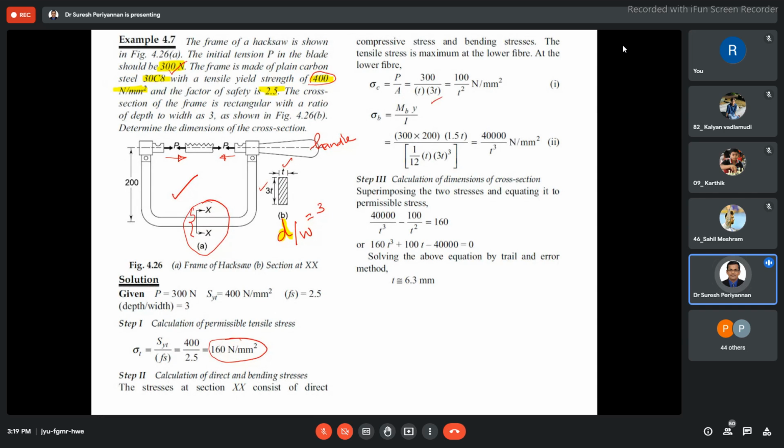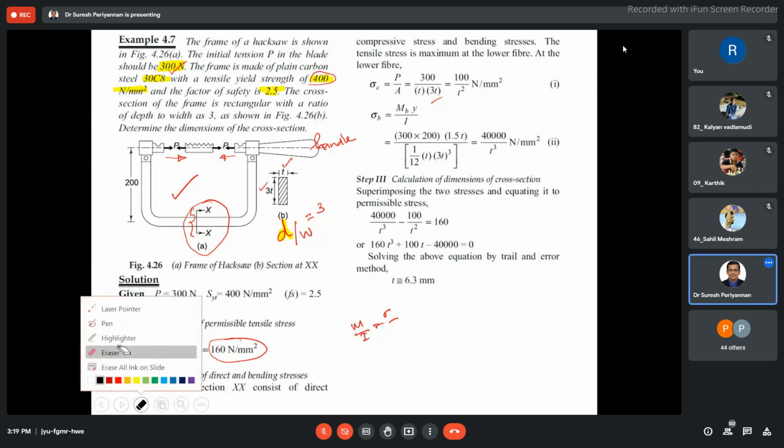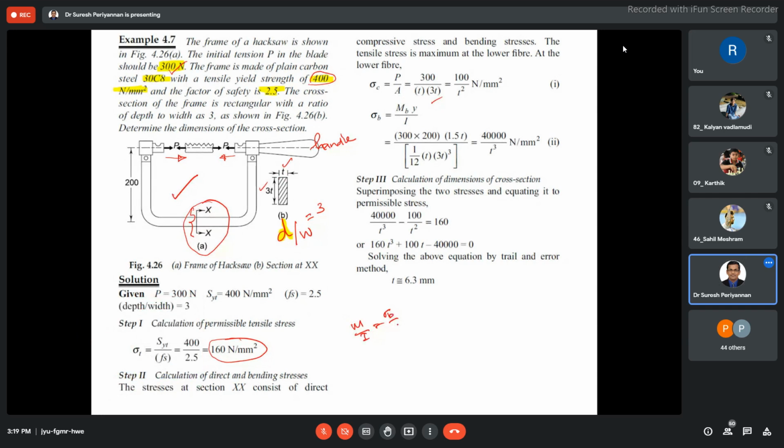Then what is the bending stress here? We already know the formula: M by I is equal to sigma B by y. From this relation, we find sigma B. Now, what is M, the bending moment?